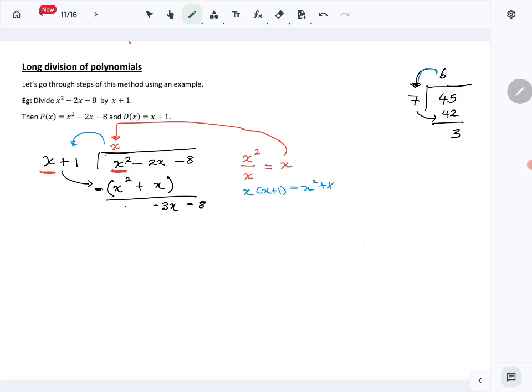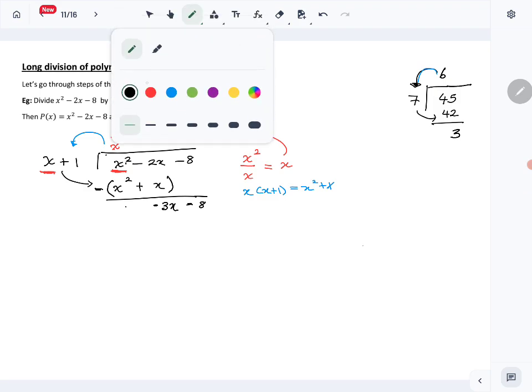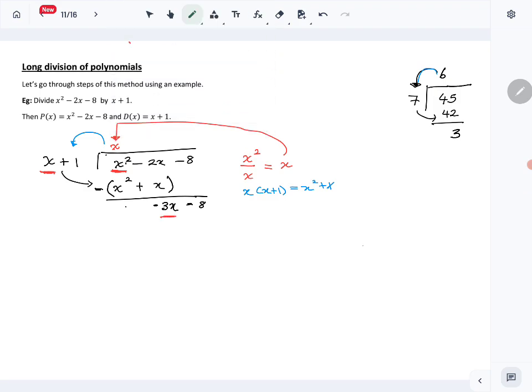Right. Okay. Then again underline the leading term left. Now the leading term left inside is minus 3x. The leading term outside is always going to be that one, so x. So can we divide minus 3x over x? Yes, we can. So we have to go one more step.